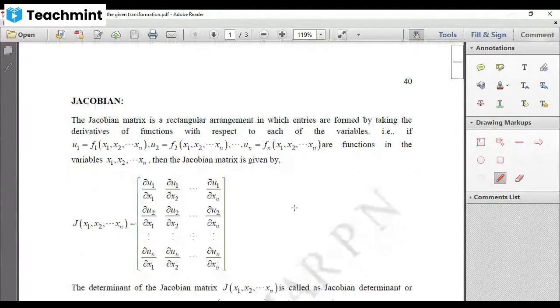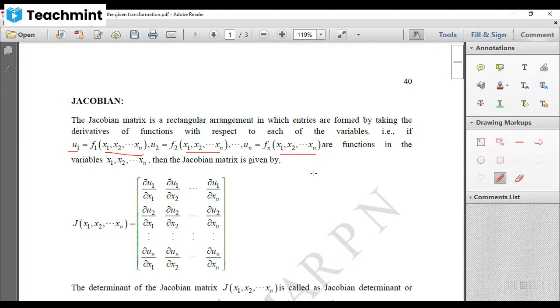For example, suppose u1 is given by f1 of x1, x2, etc. up to xn. That means u1 is a function dependent on x1, x2, etc. up to xn. And u2 is a function dependent on x1, x2, etc. up to xn, and so on, un is a function dependent on x1, x2, etc. up to xn.